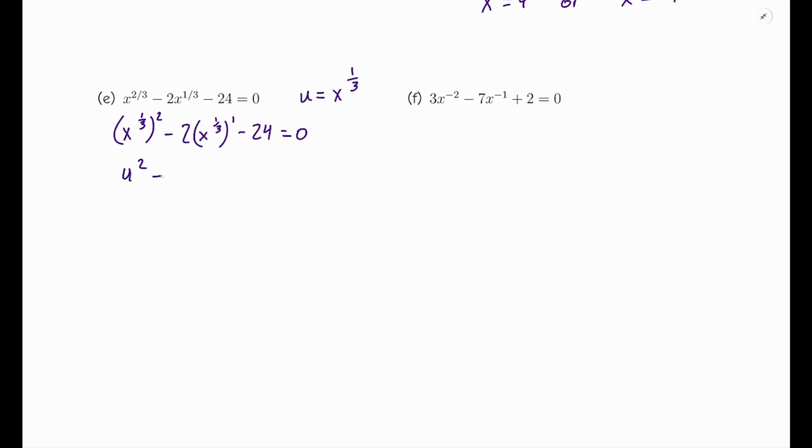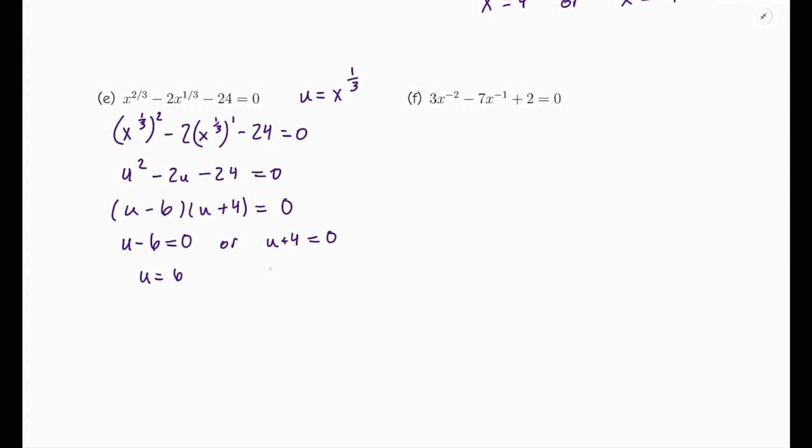So we get u squared minus 2u minus 24 is equal to 0, which factors as u minus 6 times u plus 4 is equal to 0. So we get u minus 6 equals 0, or u plus 4 equal to 0. So u is equal to 6, u is equal to negative 4.